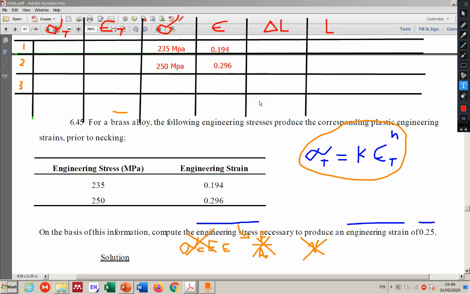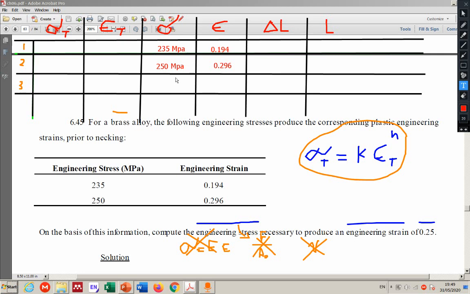Now I gave you a task. I told you to find n and k when you had 4 values: 2 true stress, 2 true strain. Now the mistake I've seen, I'm going to explain this one as well. They directly use those 4 values to find n and k.